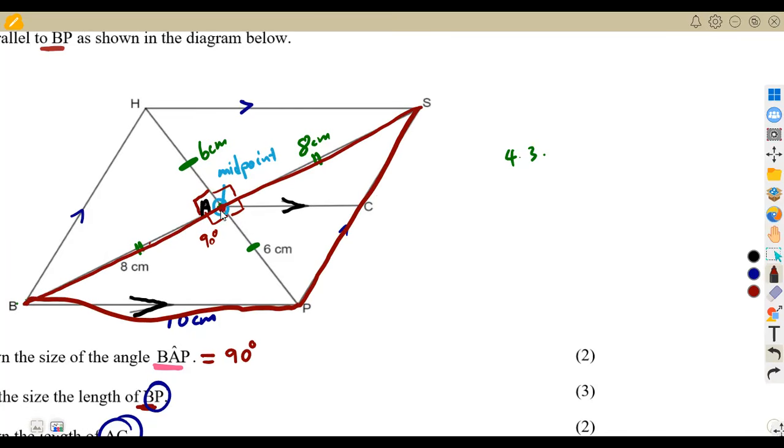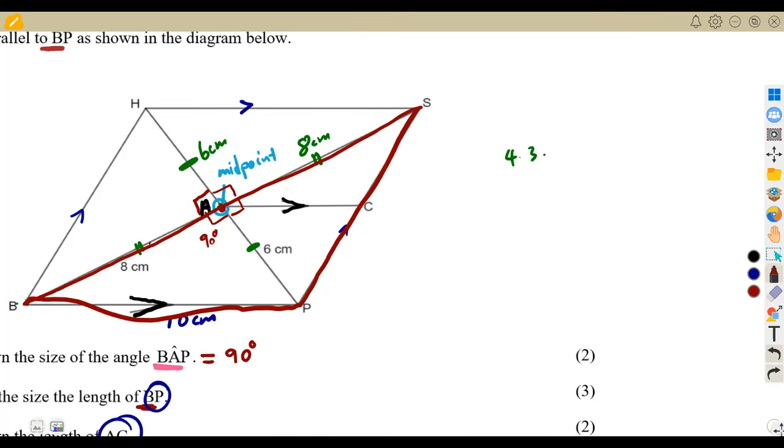If this point A is the midpoint, and a line is drawn from the midpoint parallel to another line like this, it definitely tells us that this point C is also a midpoint of the triangle BSP.